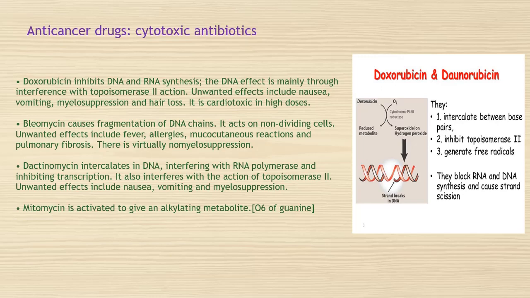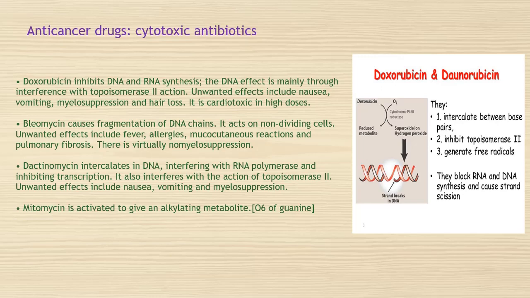The bleomycins are a group of metal-chelating glycopeptide antibiotics that degrade preformed DNA, causing chain fragmentation and release of free bases. Their action on DNA is thought to involve chelation of ferrous ion and intercalation with oxygen, resulting in the oxidation of iron and generation of superoxide or hydroxyl radicals.